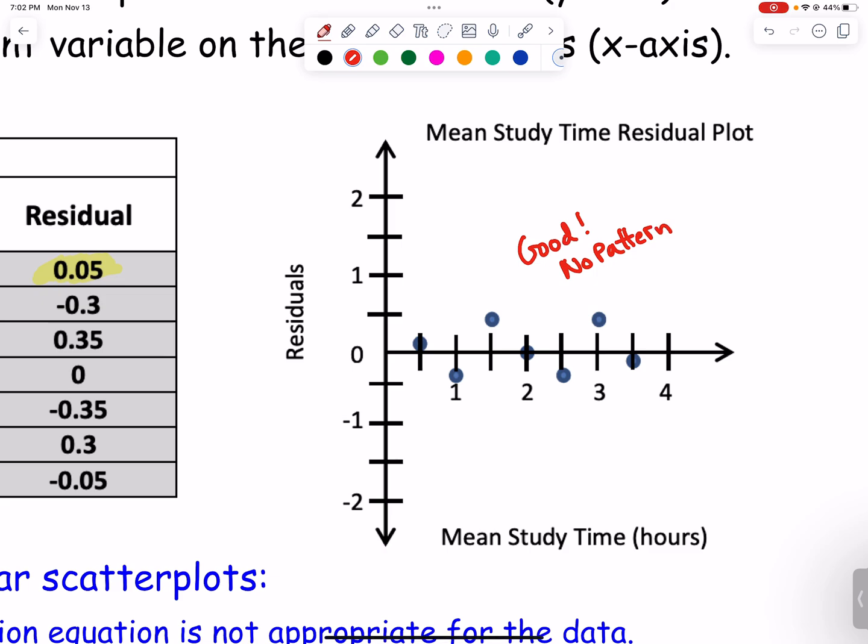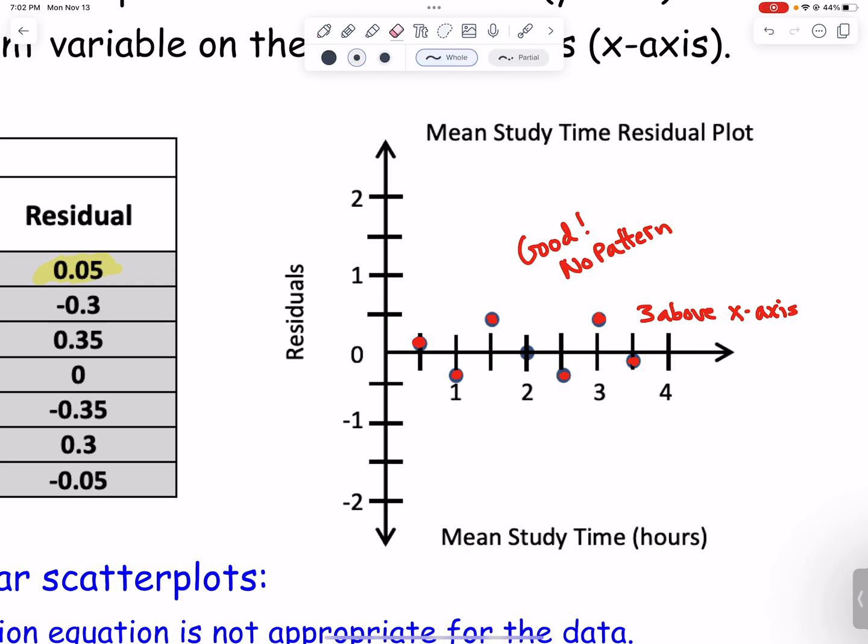There are just as many points above, like 1, 2, 3 above the line, the x-axis. Because that's all you're looking at right here, above the x-axis. And then there's 1, 2, 3 below.